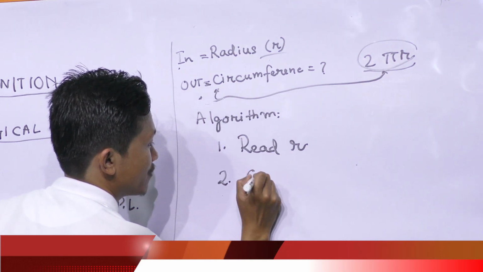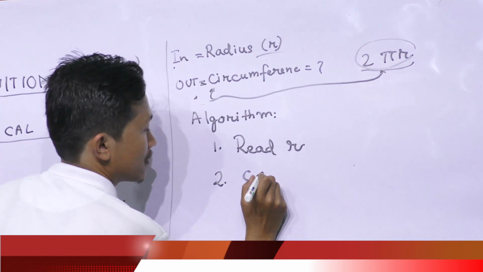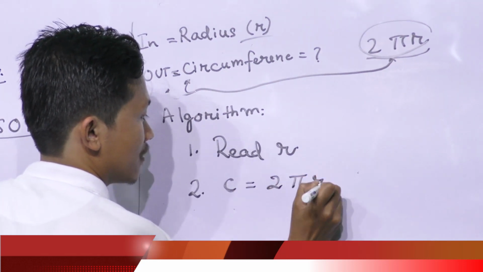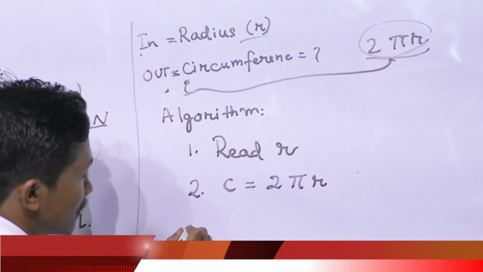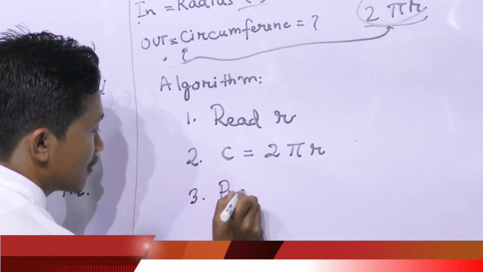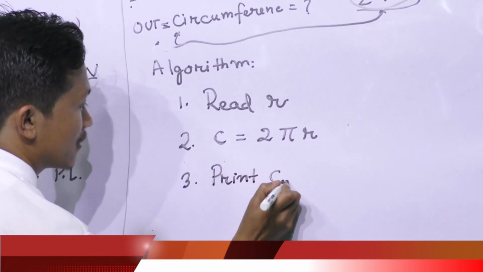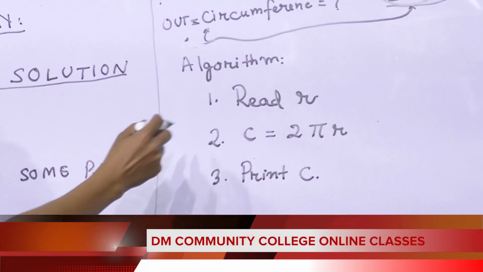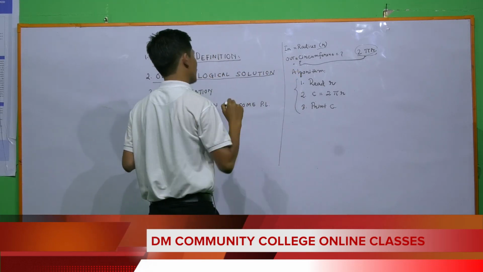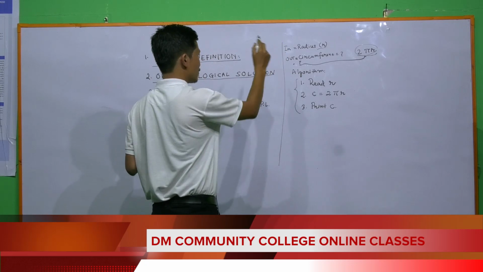I will represent the circumference by variable c. c is equal to 2 pi r. After this, we have to print or display the value of c. This is the algorithm to find out the value of the circumference given the value of the radius.